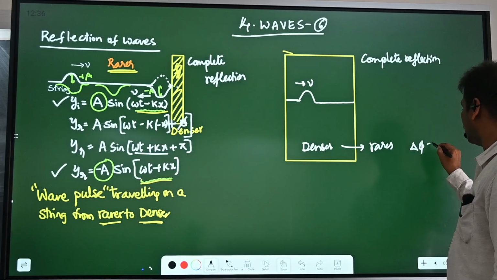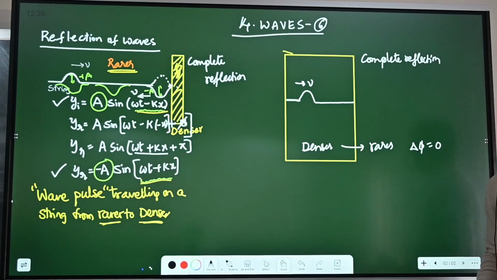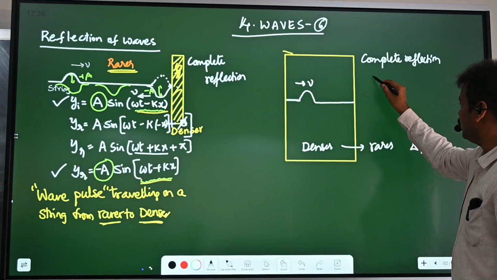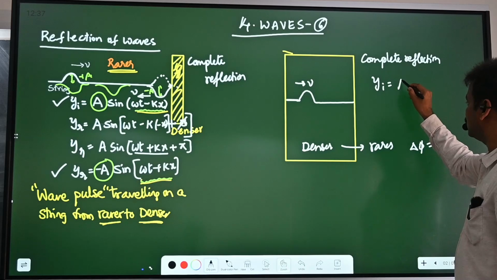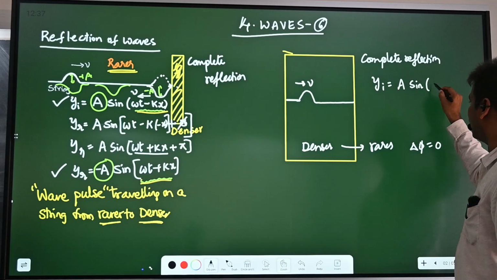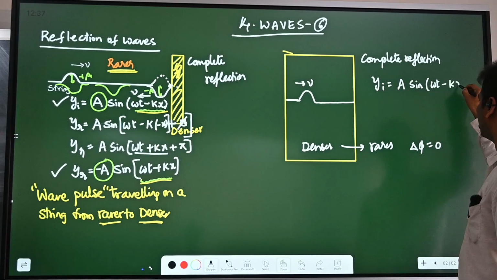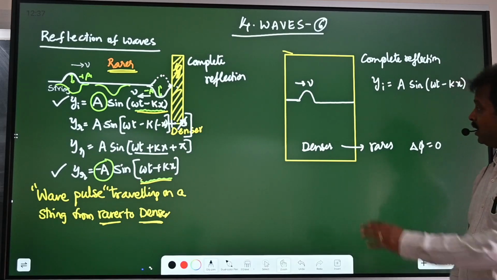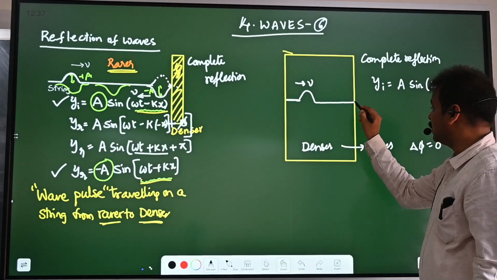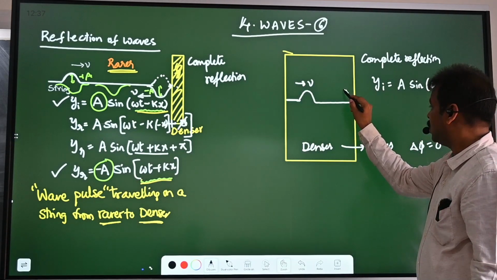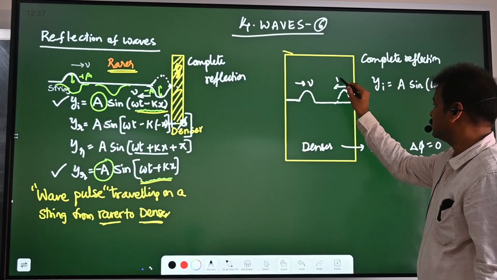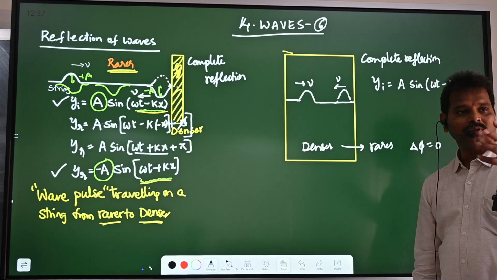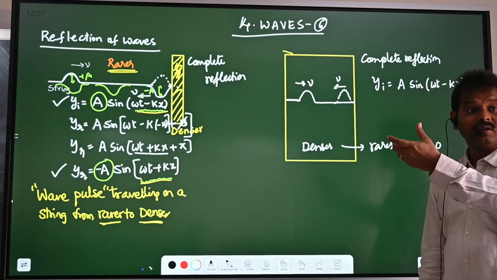What is the phase change? What is the incident wave equation? y_i is equal to a sin(omega t minus kx). What is the reflected wave? Now the reflected wave will come like this. Even the amplitude remains the same but is not inverted.